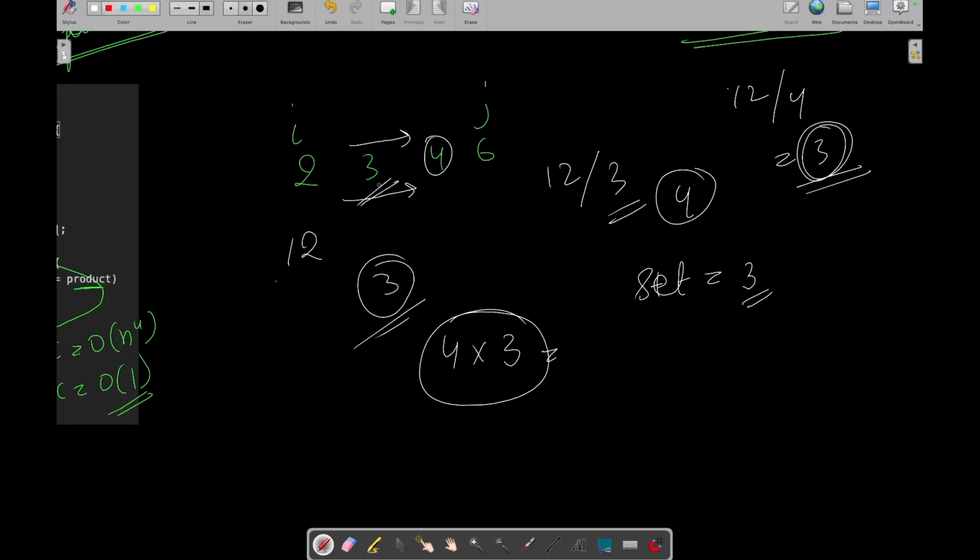So in this way we do not need to calculate the product again and again, and we can do a lookup in our set and find whether the product is equal or not, right? Because we have divided 12 by this number and the quotient has already occurred in the past. It means if we multiply 4 and 3, then it will give us the existing product, right?